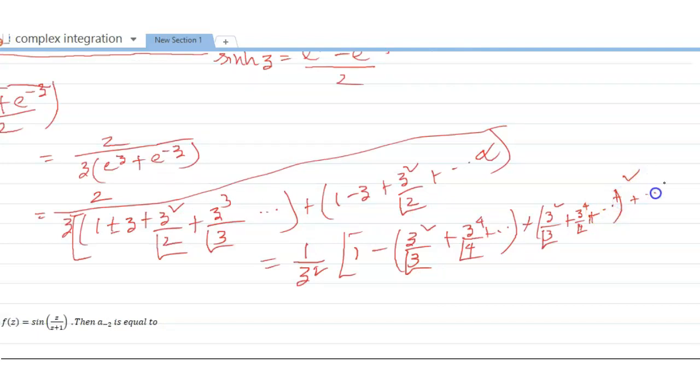Neglecting higher terms, whatever I have to find out, I have to find out b0, b minus 2.